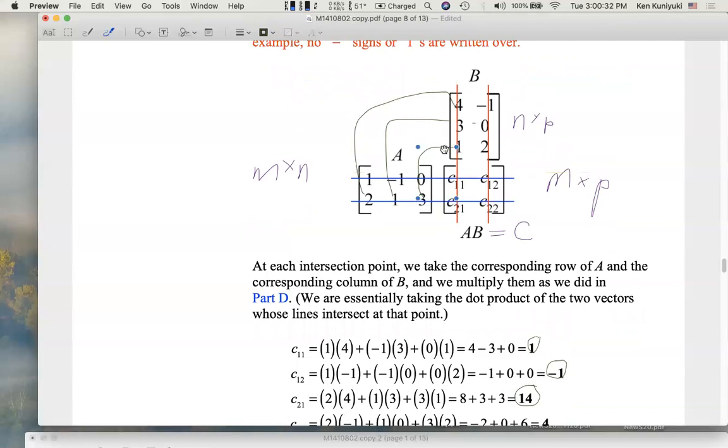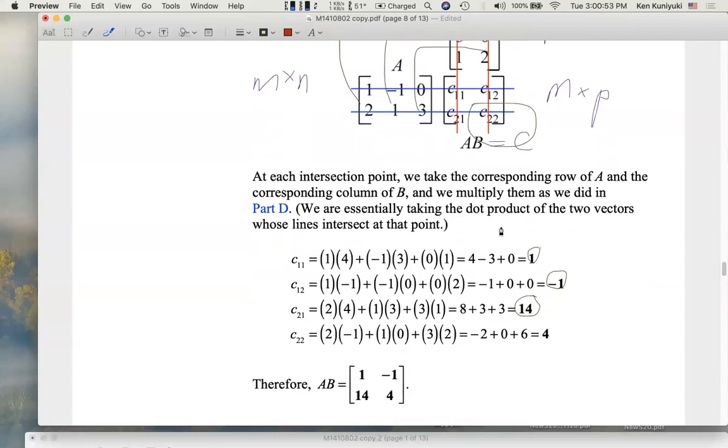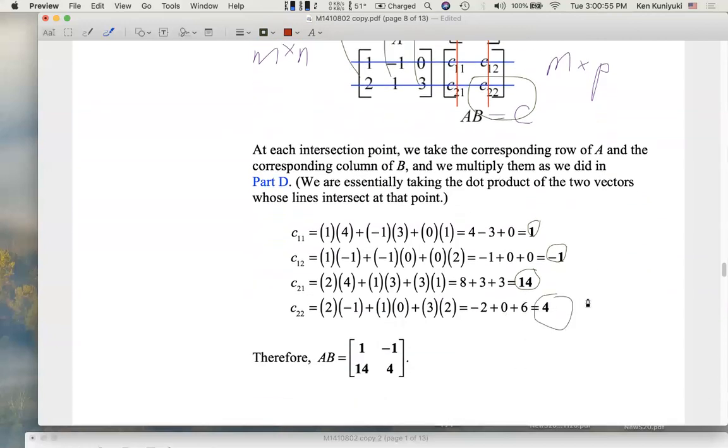And then the bottom right entry, second row here times second column here. It's going to be 2 times the -1, 1 times 0, 3 times 2. What are the products? -2 plus 0 plus 6, which gives us 4.